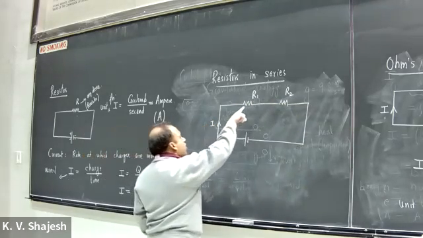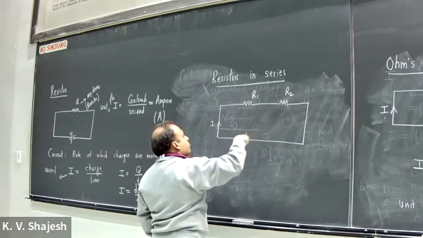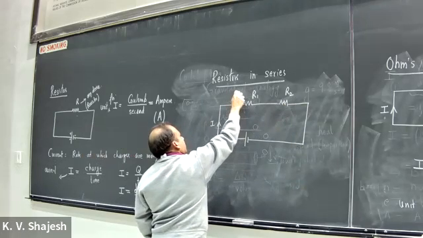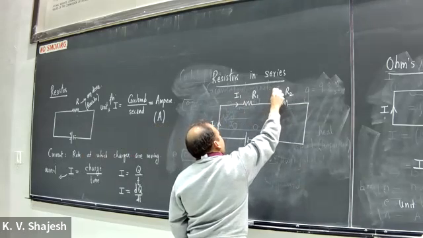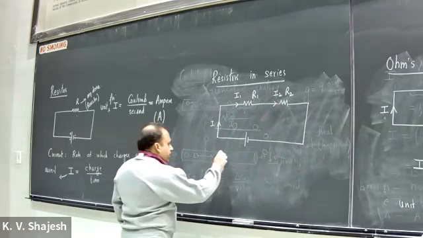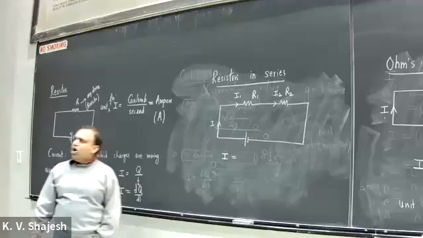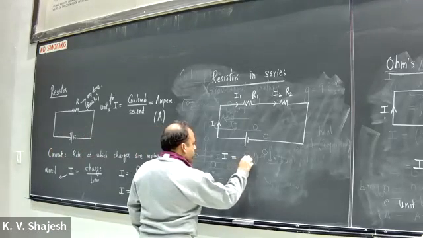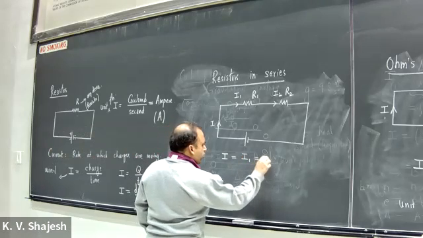So we will often talk about I1 and I2, and if it is in series, that has to be the same. You say this is current I1, and that is current I2. So using the idea of a flow of charges, the flux of charges, I will be equal to I1, and it is also equal to I2.